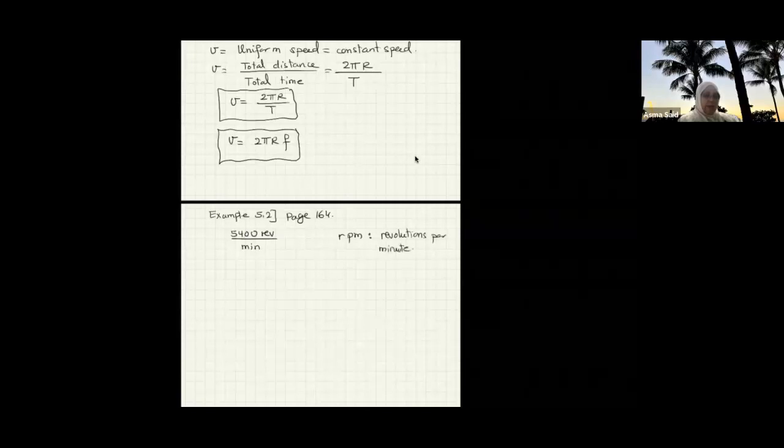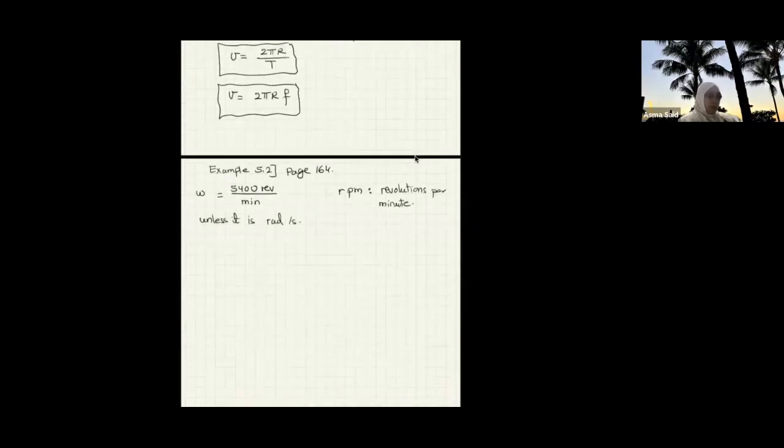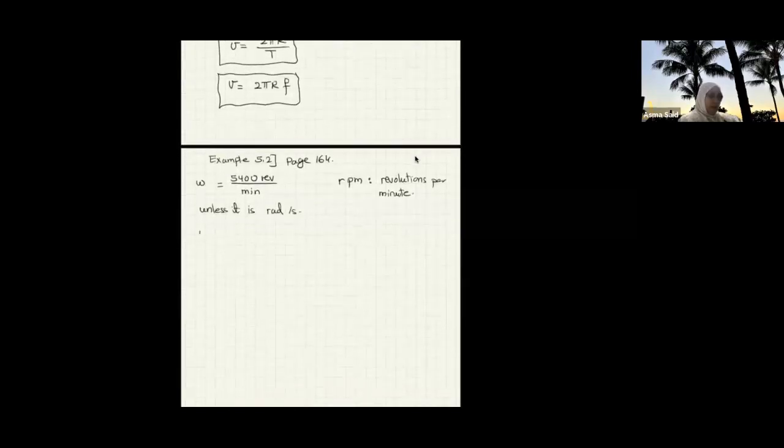It is displacement divided by time, so this is omega. You will not be able to use that omega in the calculation unless it is in radians per second. This is why I will show you how we're going to convert this.